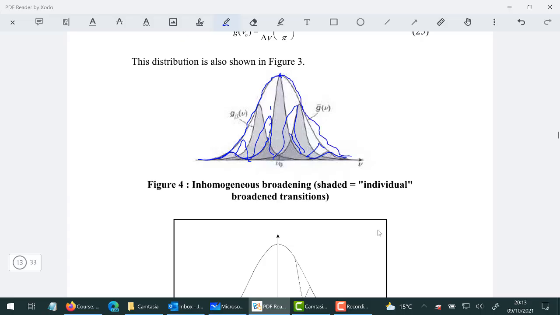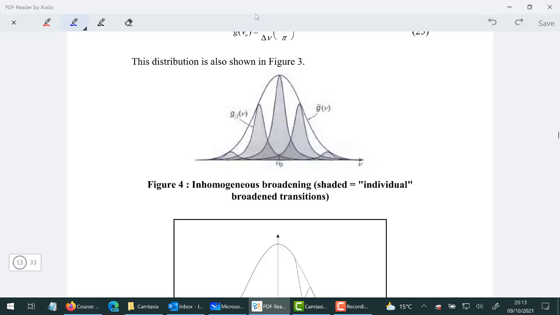Now, if you remember, that's terribly drawn, so I apologise for that. If you remember what happened with the homogeneously broadened materials, when we thought about saturation, then again, here's E2 and E1.